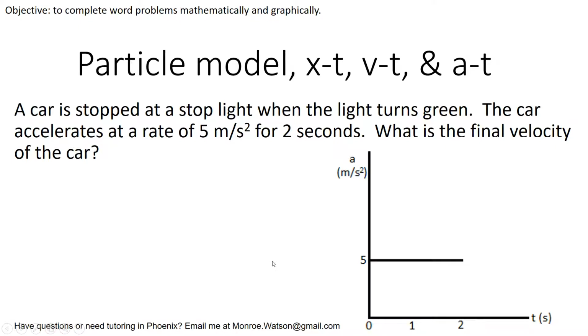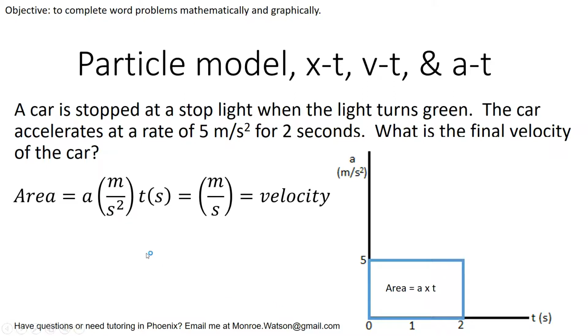Let's take a look at the area here. Well, the area is going to be my acceleration times time. Meters per second squared times seconds. And if you write that out on a piece of paper and use your dimensional analysis, you'll find that the area of an acceleration times time graph is going to give you your velocity. So we've got a meters per second squared.